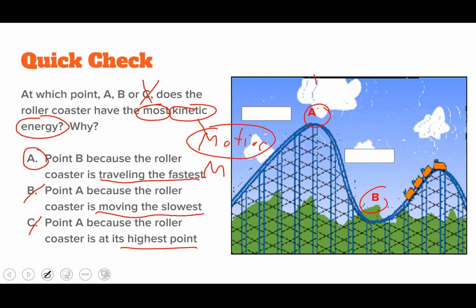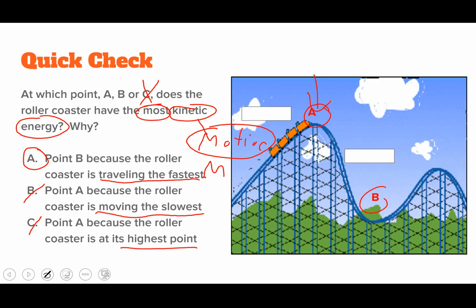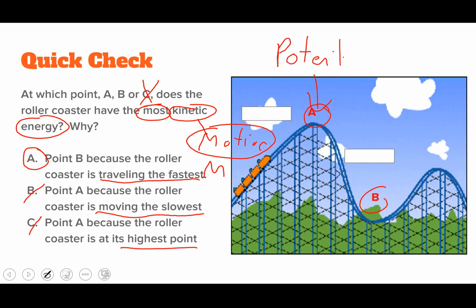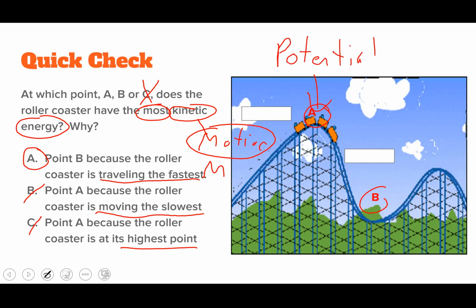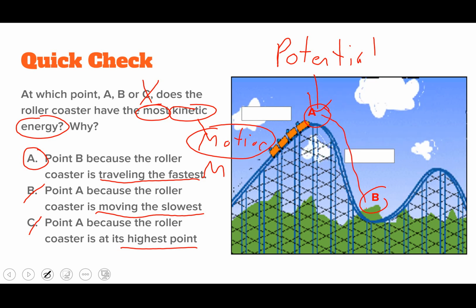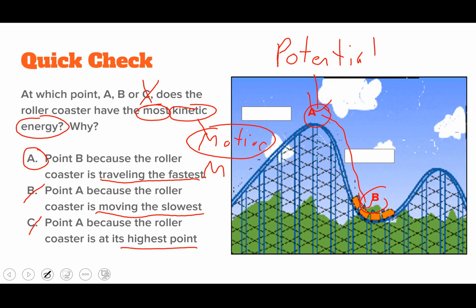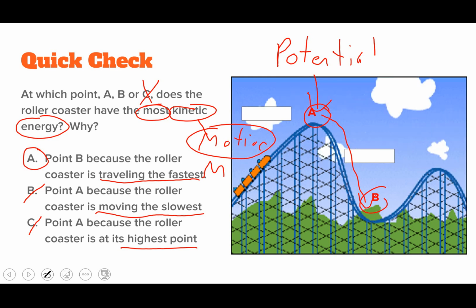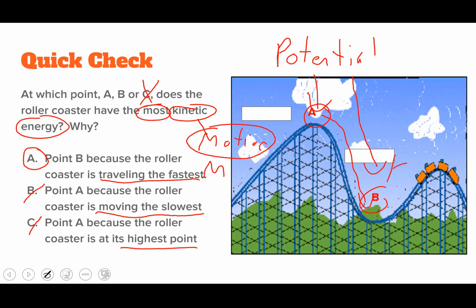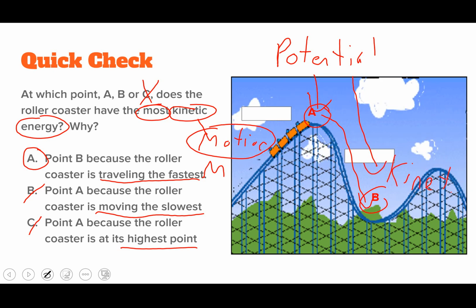So at point A, we have a lot of potential energy because we're at our highest point. But as the roller coaster starts to drop, we start to move faster, and that potential energy transforms into kinetic.